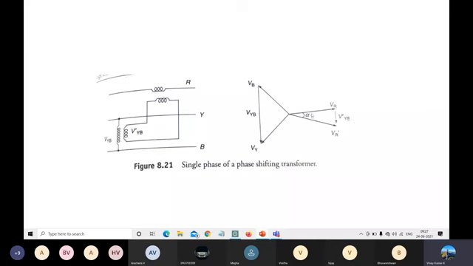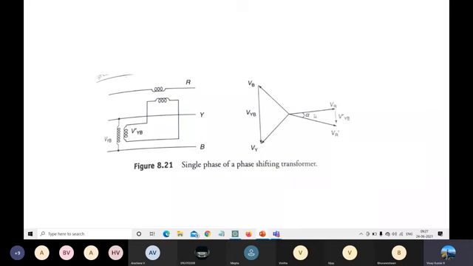So this is a shifting of the phase angle. By just shifting the phase of the voltage angle, we can vary the voltage levels. The voltage levels may either be increased or decreased. So just by varying the phase angle from VR to VR dash, you are changing the voltage.